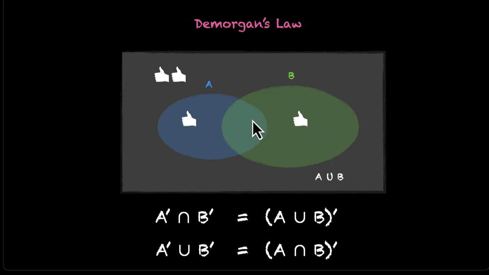What's left is this middle region, this intersection between A and B, the part that's common between A and B. So we're saying that we'll sit outside this part, which means we're saying that we'll take the complement of this part. And what's this part? This is A intersection B. So what we're saying is this is equal to the complement of A intersection B, which means it's (A intersection B) dash. And that's how you visualize De Morgan's law.